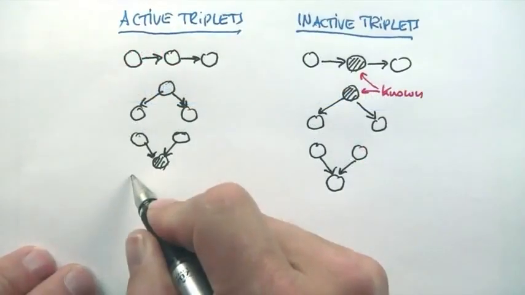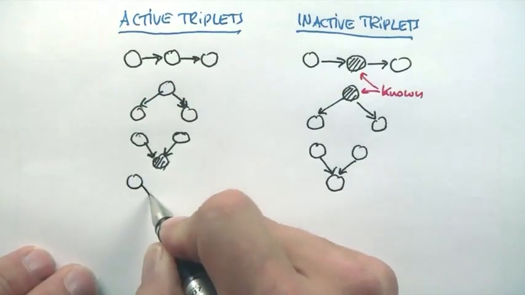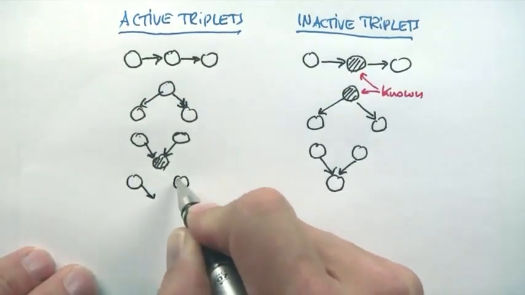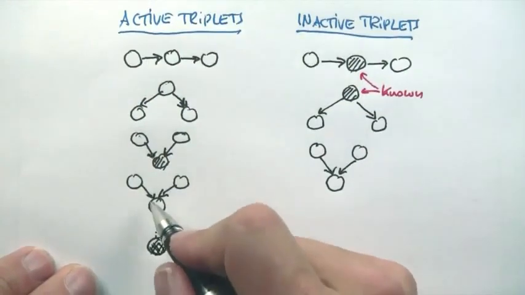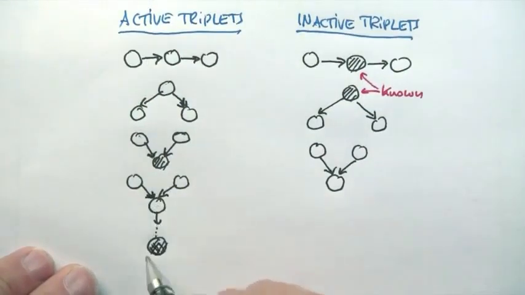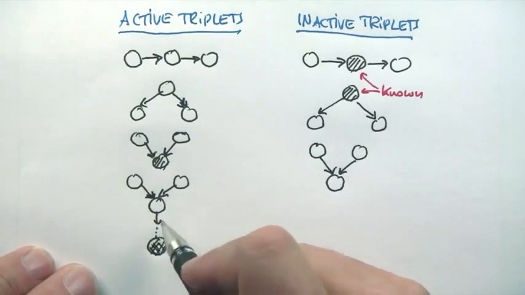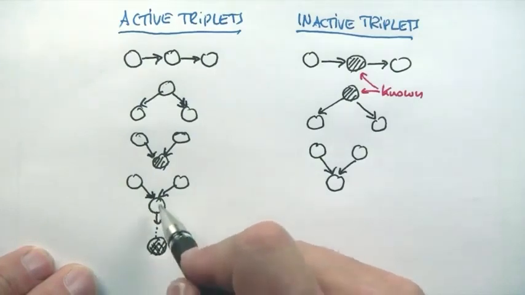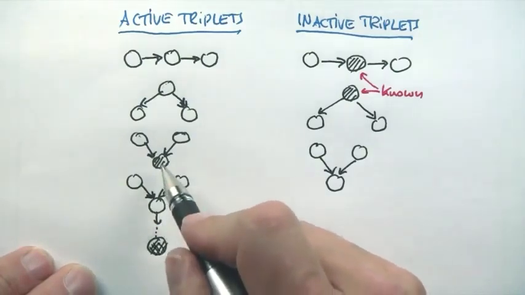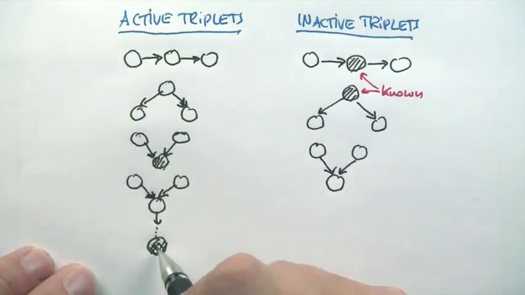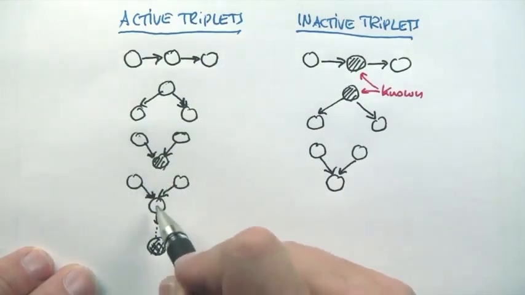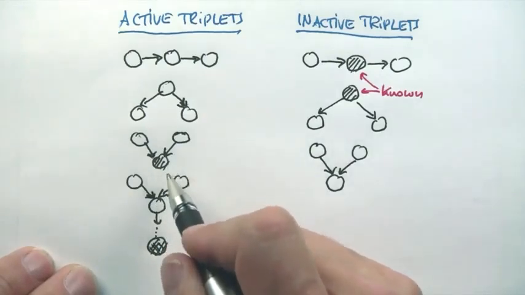In a single final example, we also get dependence if we have the following situation. A direct successor of a convergent variable is known. So it is sufficient if a successor of this variable is known, the variable itself does not have to be known. And the reason is, if we know this guy over here, we get knowledge about this guy over here, and by virtue of that, the case over here essentially applies.